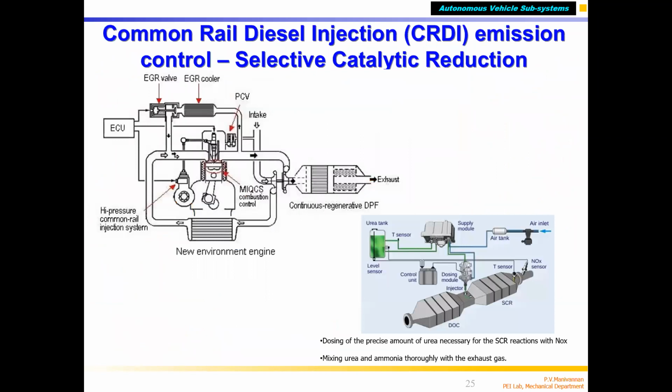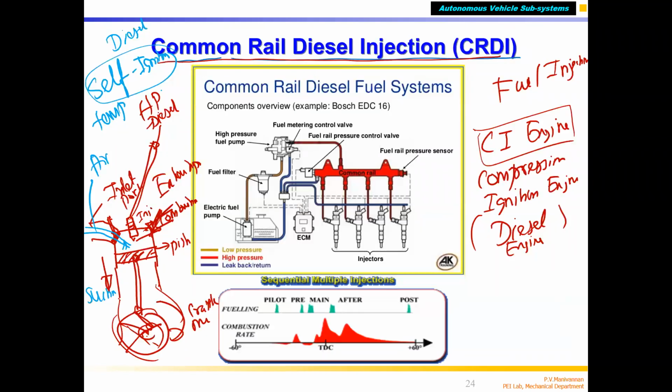The self-ignition temperature of diesel is around 300 to 350 degrees. But for a petrol engine, the self-ignition temperature of petrol is above 500 degrees, approximately 520. In a diesel engine, during the suction stroke, air alone is sucked in. So the piston is in the down position.